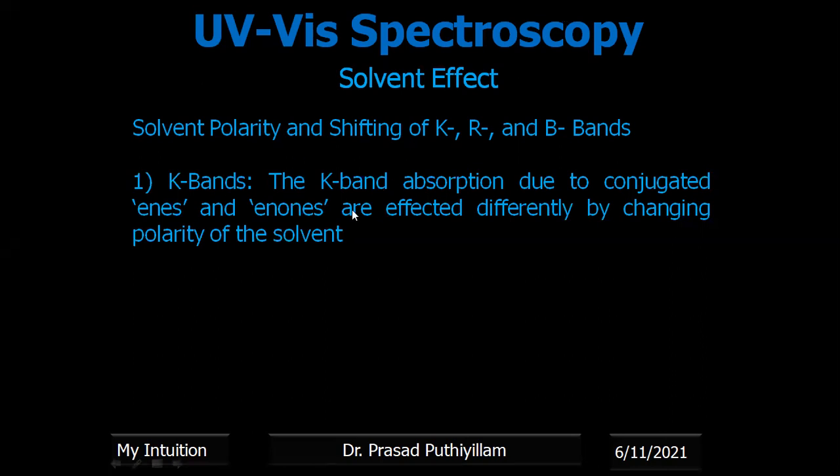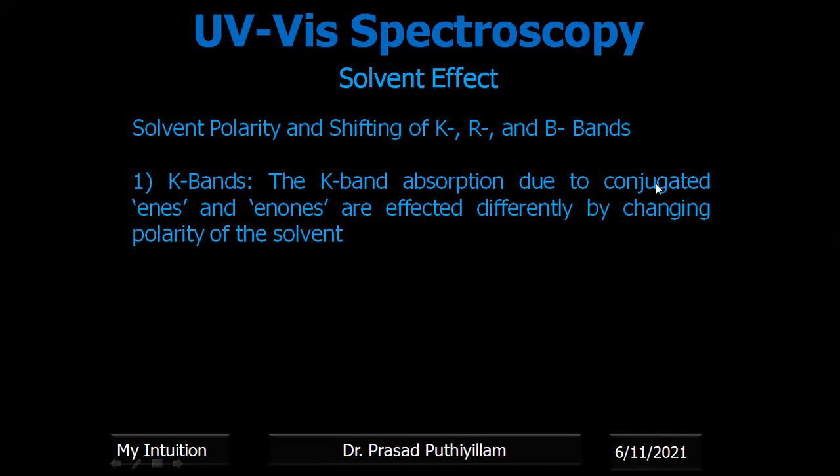Okay, so now before I explain, you can guess. If it is a conjugated ene, it is a hydrocarbon with only alternate single and double bonds. So there's no polarity in that. Therefore, the K band is due to only pi to pi star, and it is not much affected by changing polarity, because there is no polar center in that.